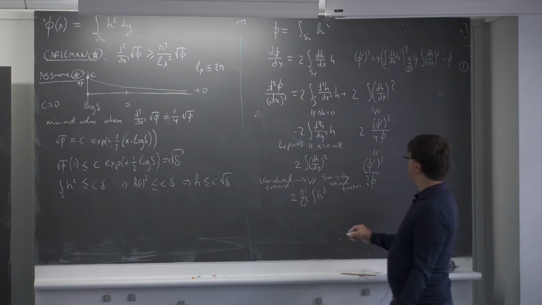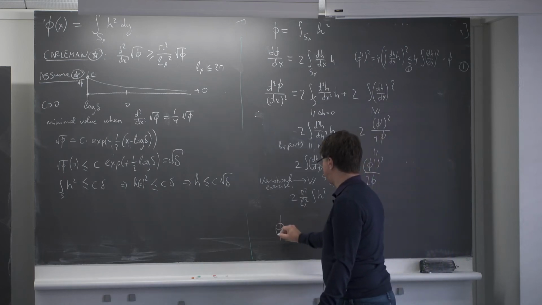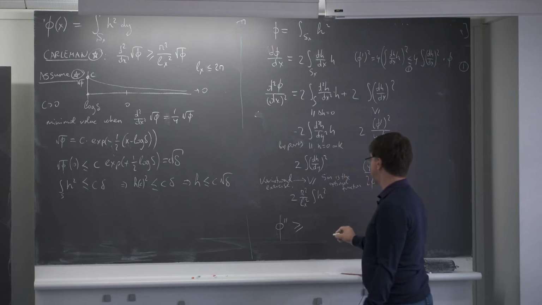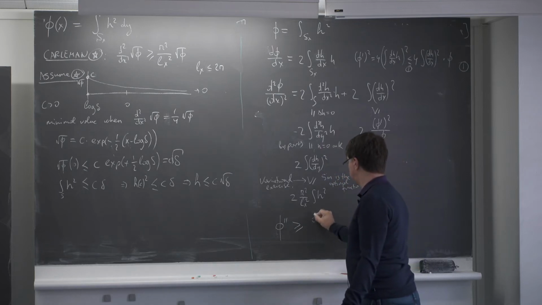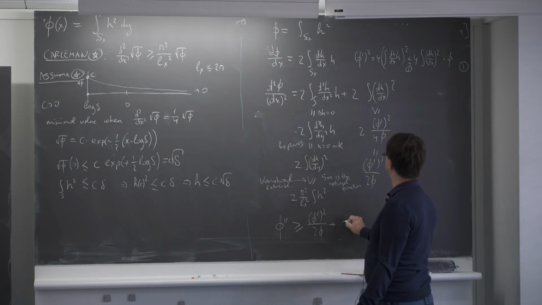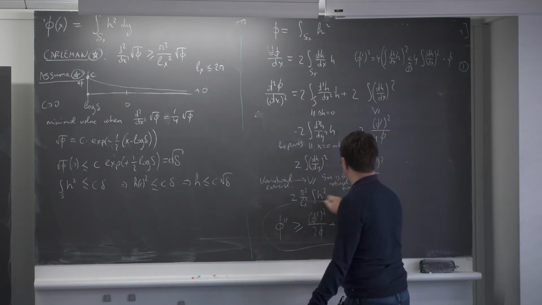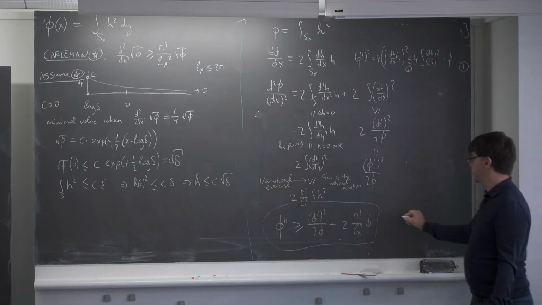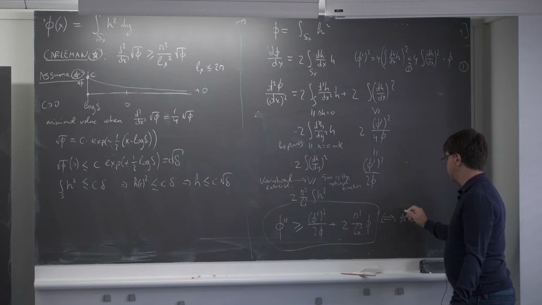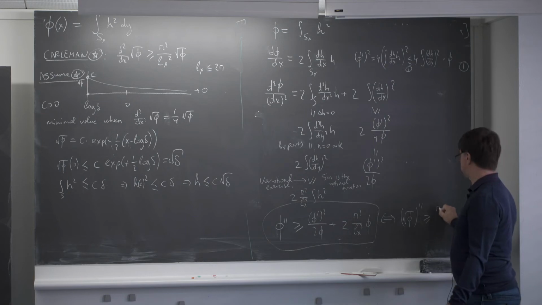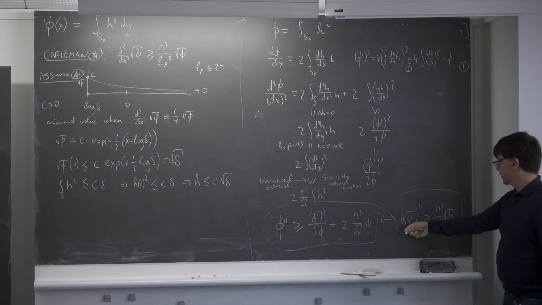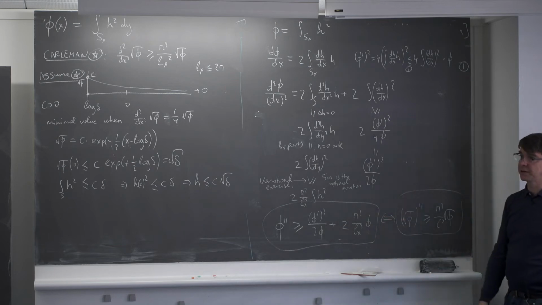So basically what we proved is that phi prime prime is at least this term, phi prime squared over twice phi, plus the term 2 pi squared over Lx squared times phi. So that's what we proved. And it's an easy check that it's the same as the inequality star. So it's the same as the square root of phi prime prime being at least pi squared over L squared times the square root of phi. Just differentiate the square root of phi and you get that it's exactly this.